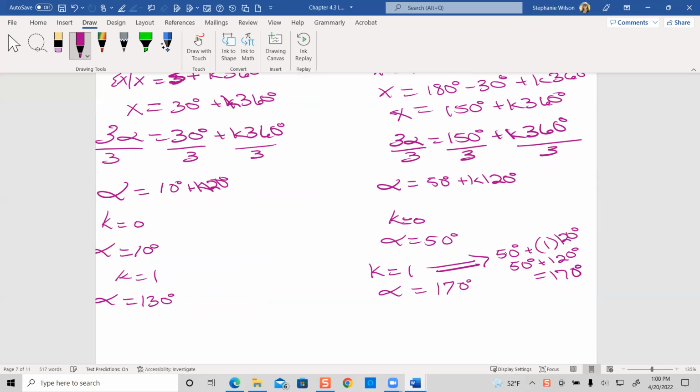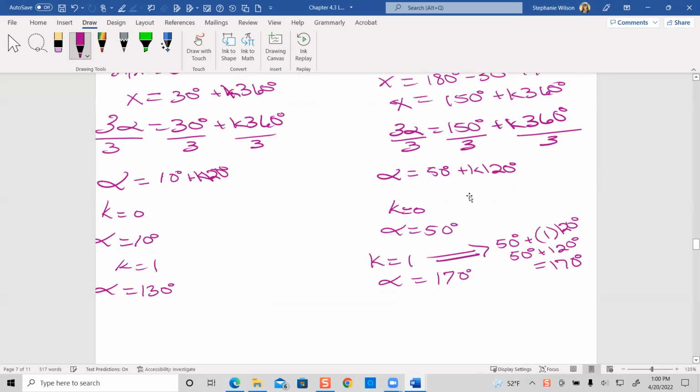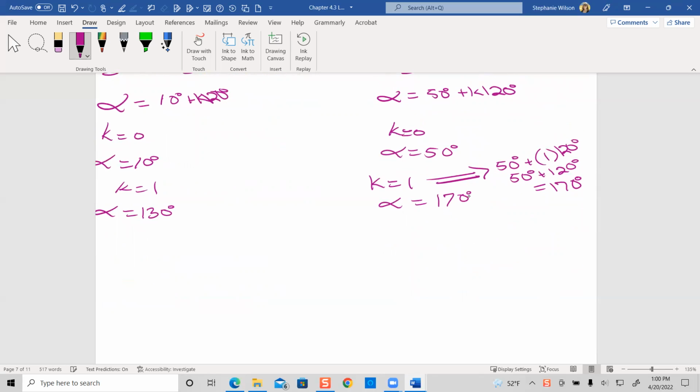So if you need to actually physically write it down, I encourage it. Let's go one more step. Let's find when k is equal to 2. And I'm going to go ahead and put it in here, because sometimes it's not as obvious. And that is a degree sign.